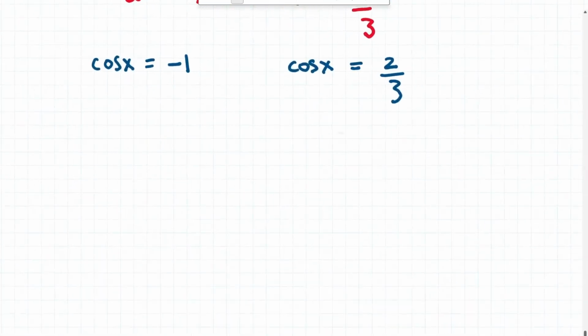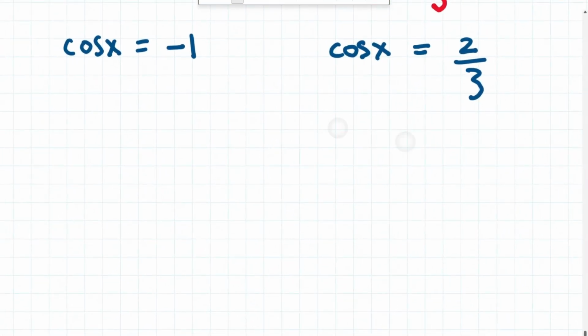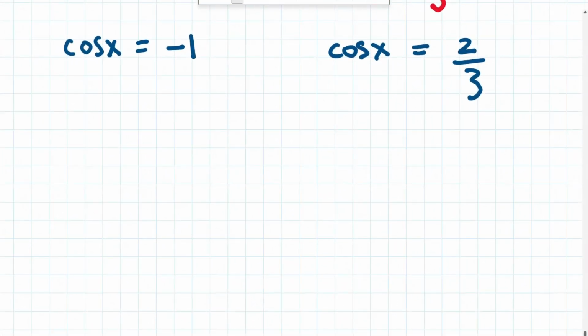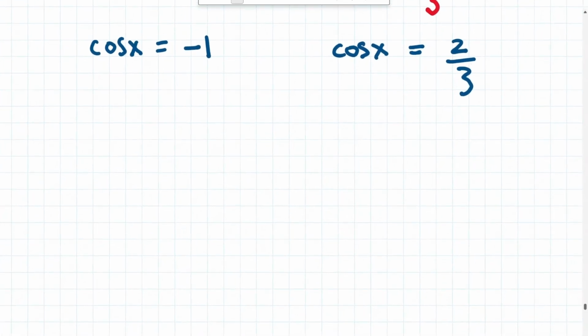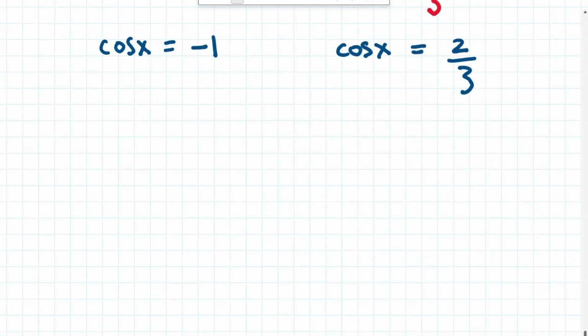In my previous videos, we looked at how to solve things by putting them on a unit circle and understanding the different quadrants and what that means. So also looking at our ratio, we know that cos is x over r, which can be seen as adjacent over hypotenuse, where r is our radius.